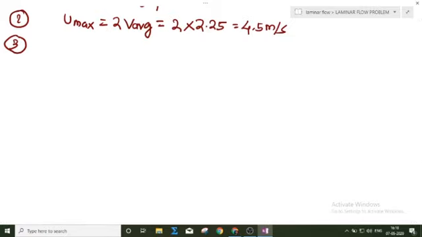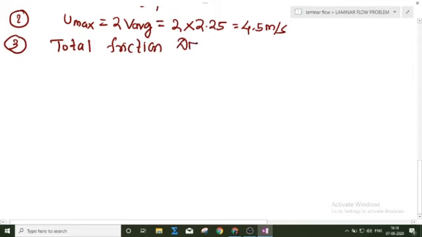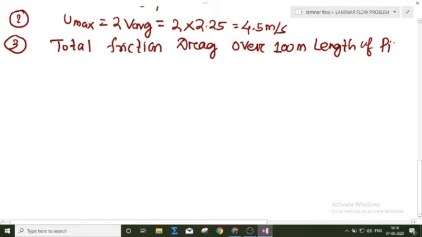So it is asking the total frictional drag over 100 meter length of pipe.